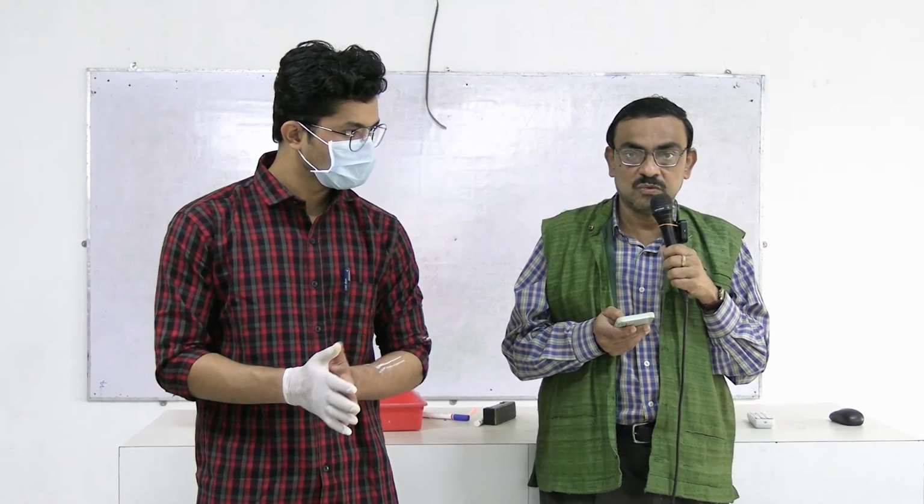Hook of the hamate. There is one bone in the carpal bones which is called hamate, which looks like a hammer, which has got one hook. So hamate.